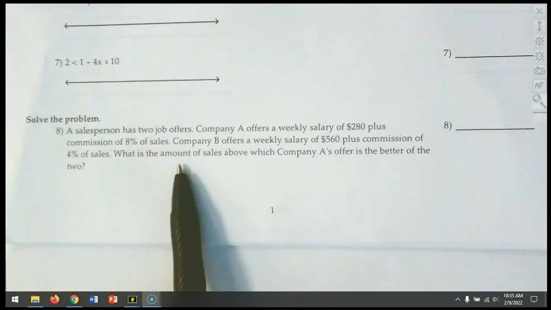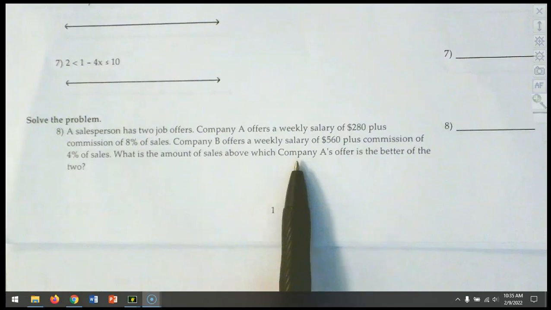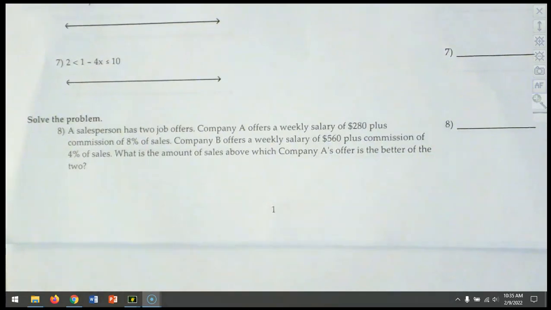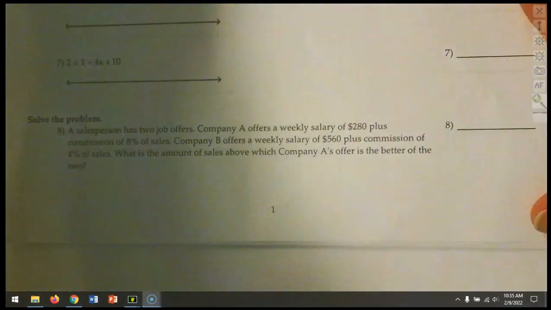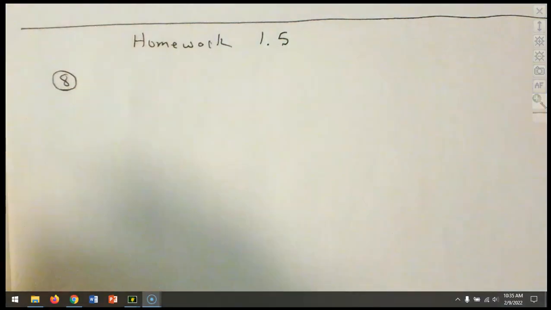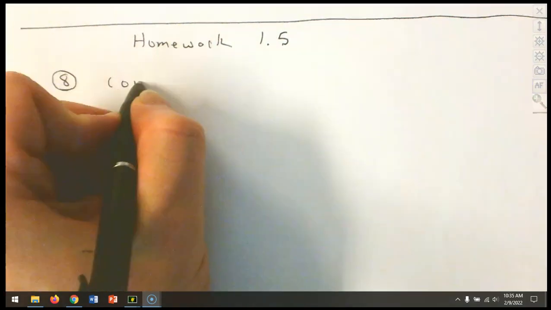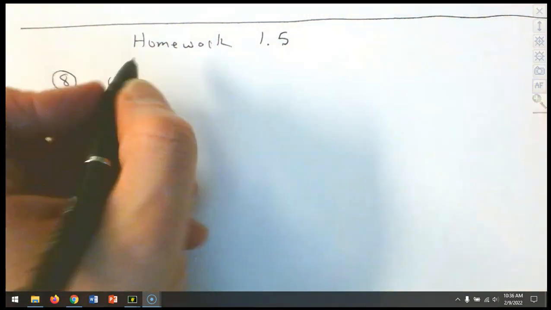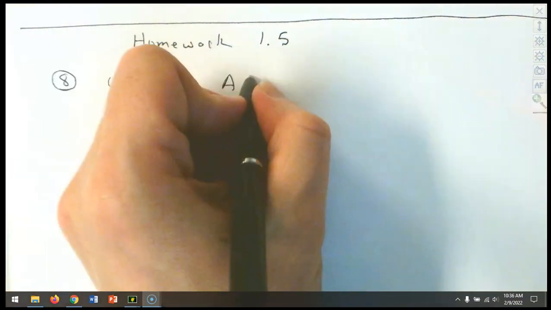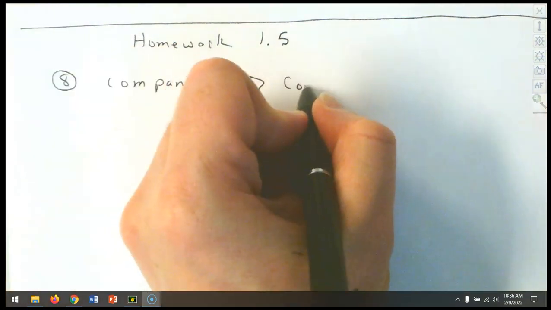What is the amount of sales above which Company A's offer is the better of the 2? Now, if we talk about being better of the 2, that means you're going to make more money. So what's our inequality look like? We want Company A to be the better job offer. So that means we want Company A to be greater than Company B.